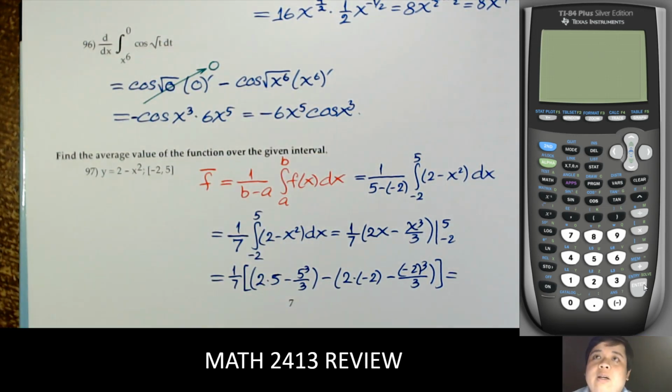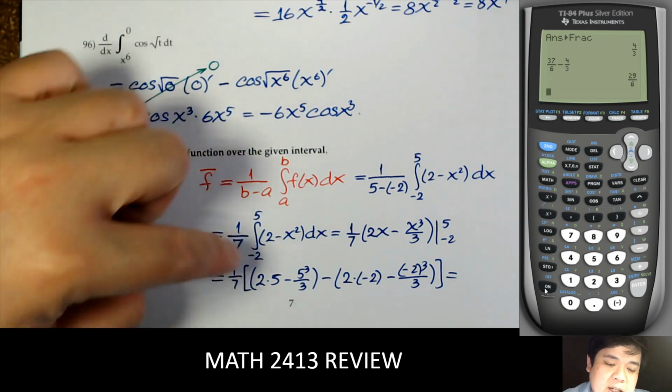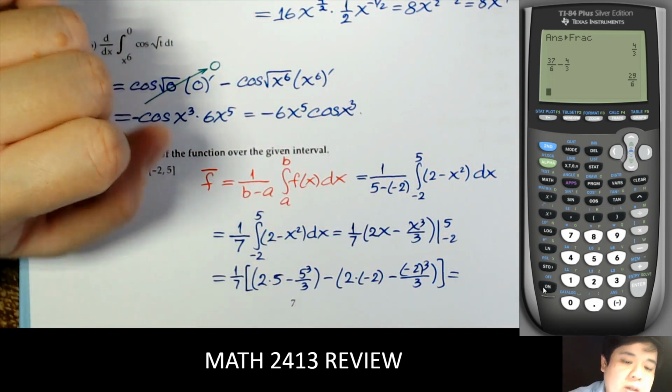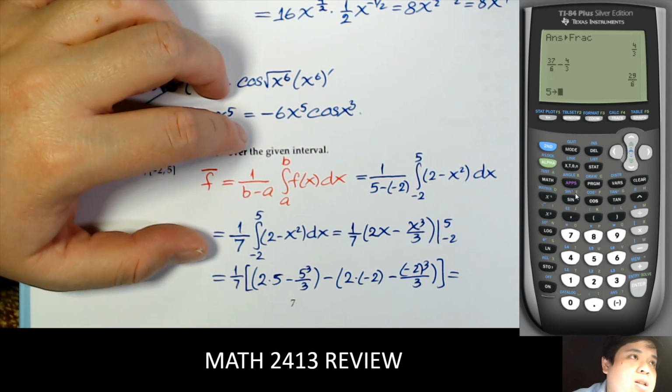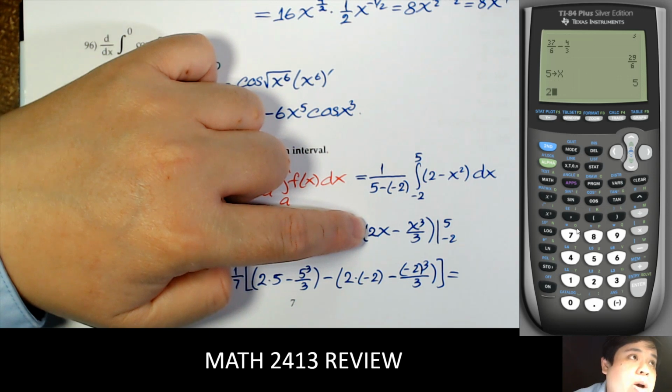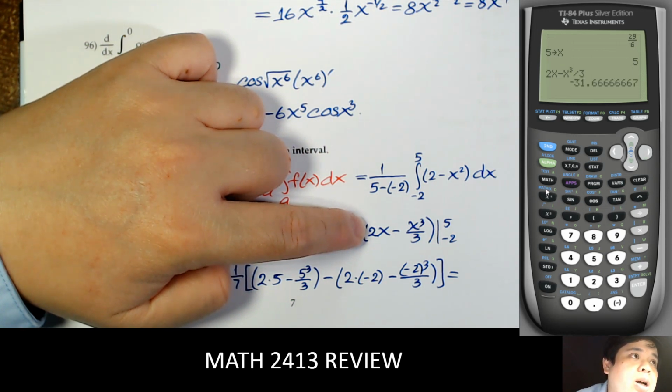Right. So I will use the calculator again. This is a function. Put in 5, put in negative 2. So 5 stored into x. And then we have this function 2x minus x cubed over 3. Let's convert that fraction.